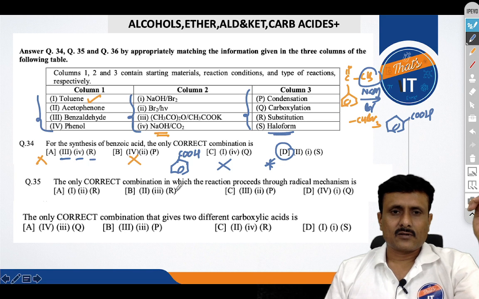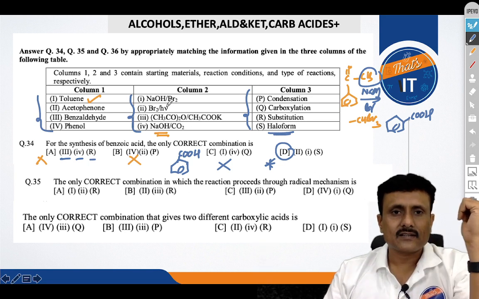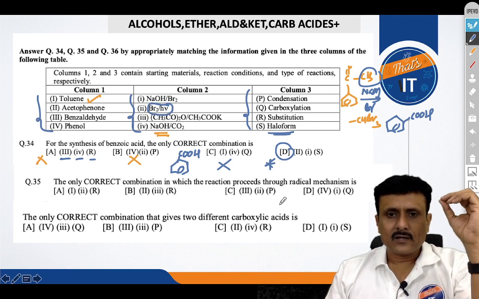The only correct combination in which the reaction proceeds through a radical mechanism. Free radical is only 2. So you have to pick where 2 is present.